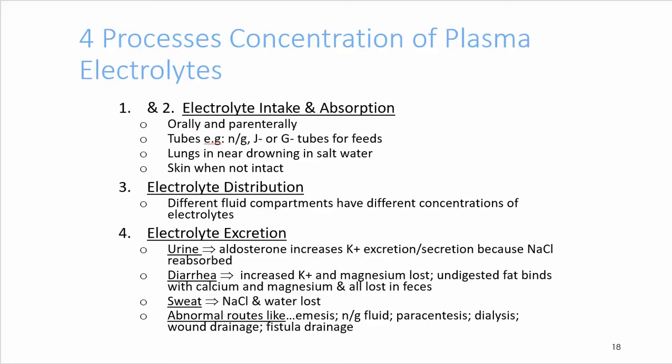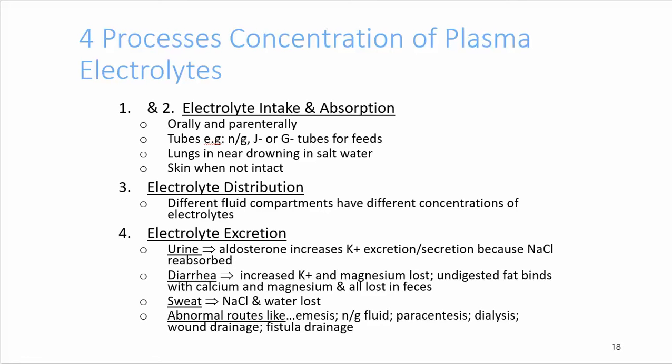With diarrhea, we lose potassium and magnesium a lot because undigested fat binds with calcium, magnesium, and potassium, and you lose it all in the feces. It passes too quickly through and you don't absorb it. Sweat, you lose electrolytes, primarily sodium and chlorine.